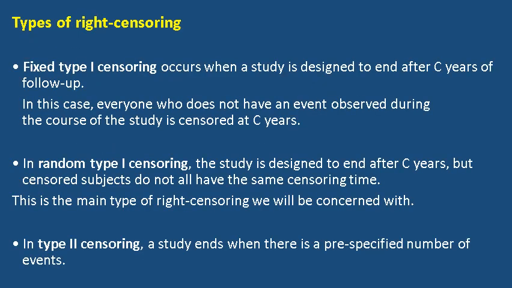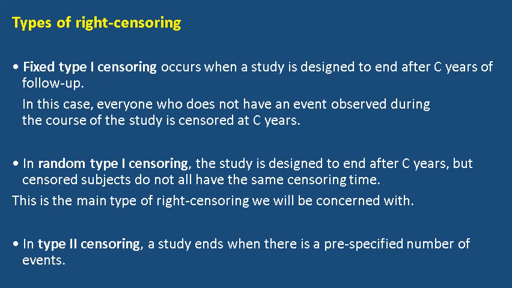Types of right censoring. There are three types: fixed type 1 censoring, random type 1 censoring, and type 2 censoring. What is fixed type 1 censoring? It occurs when a study is designed to end after C years of follow-up.